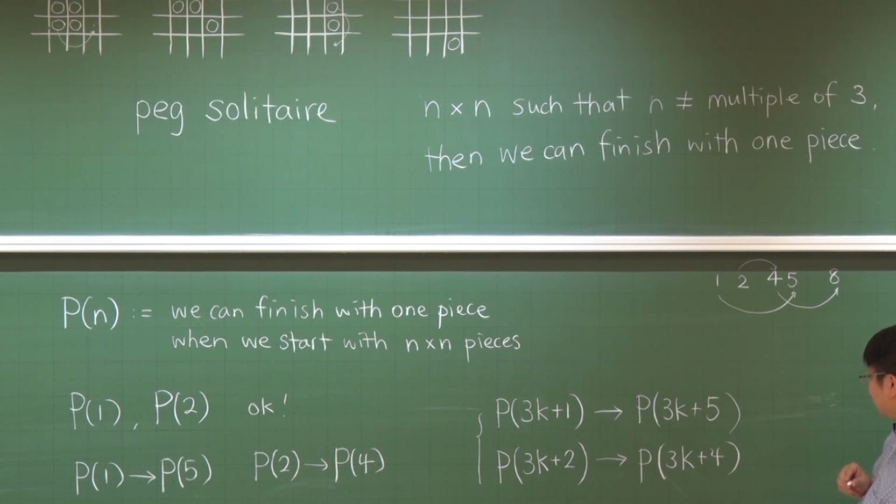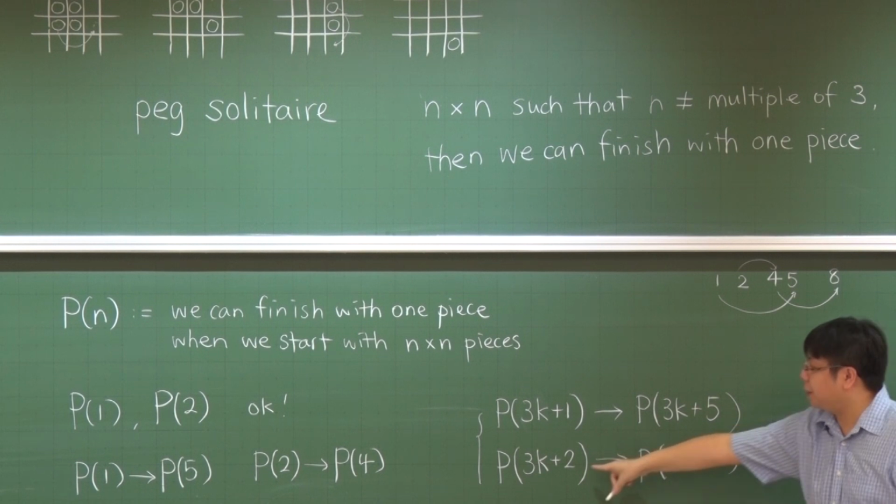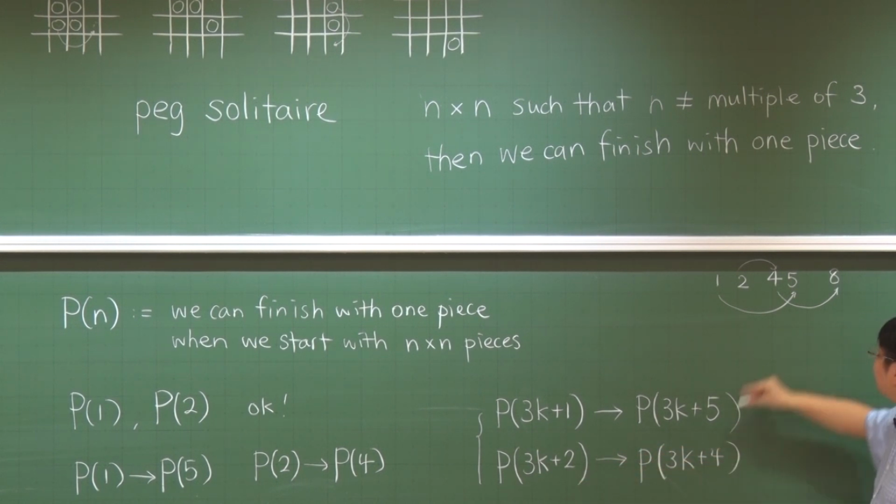Is it 8? Yes. And 5 is of this form, it will imply 7. Is that okay? And now 7 will imply what? 7 will imply 11. Right? And 8 will imply 10.